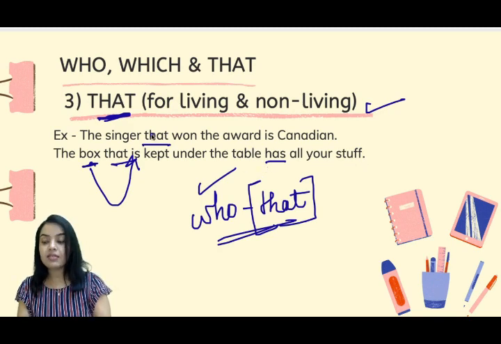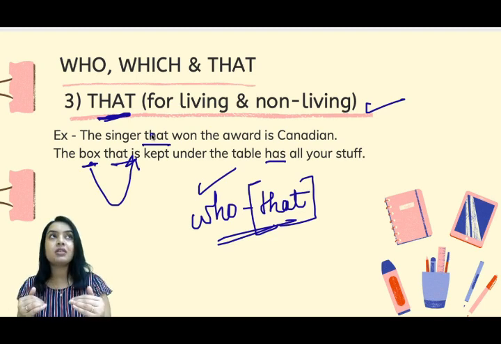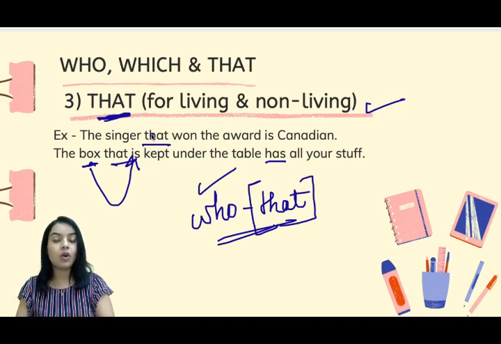So in short, if I want to summarize, the first thing that we learn about relative pronouns is that who is used for human beings, which is used for non-living things and animals also, and that is used for living and non-living altogether.